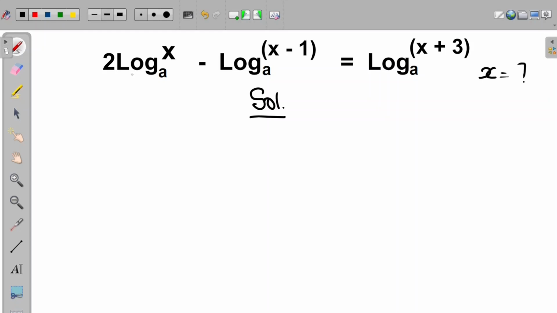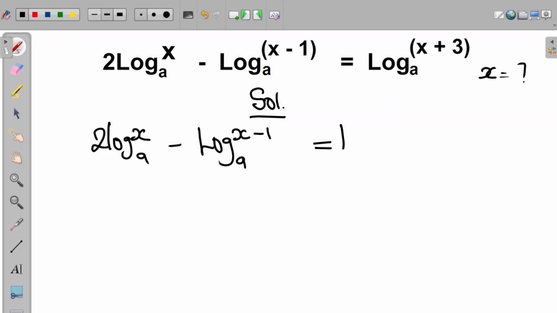So the question given to us is 2 log of x to base a minus log of x minus 1 to base a equal to log of x plus 3 to base a.